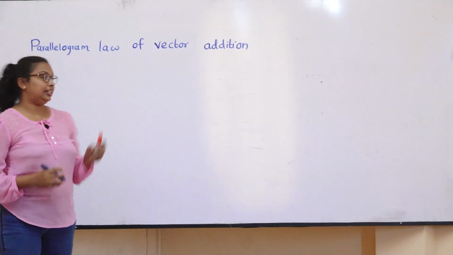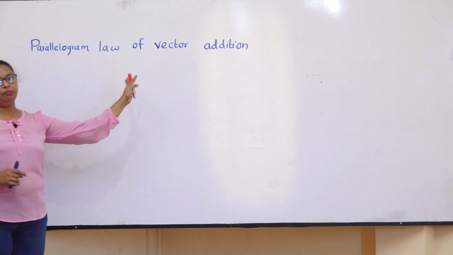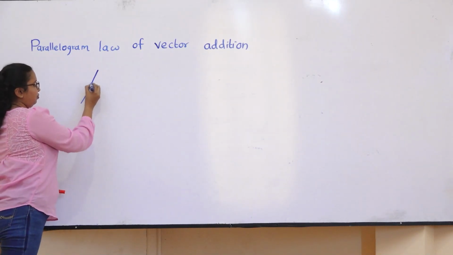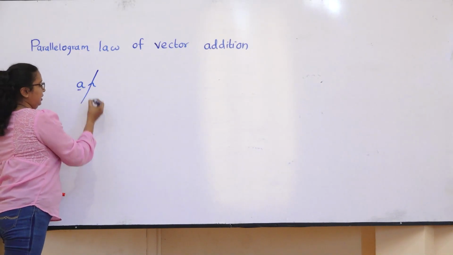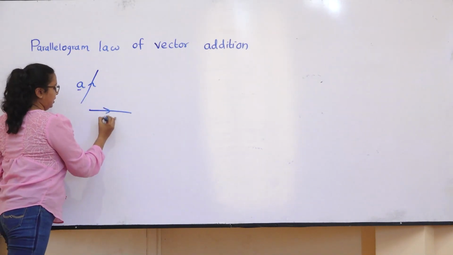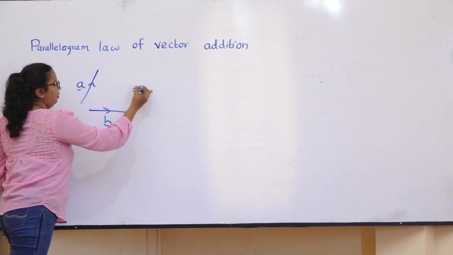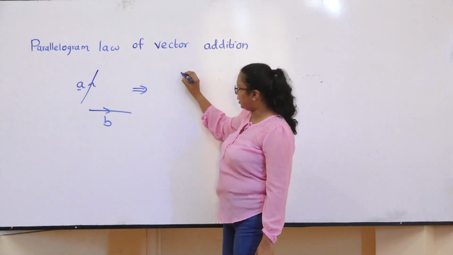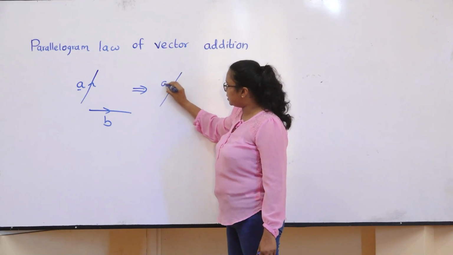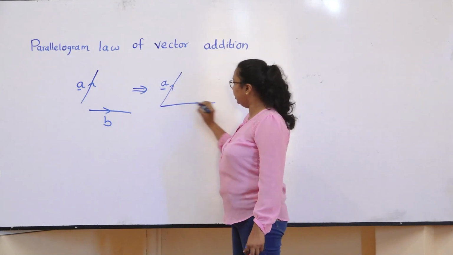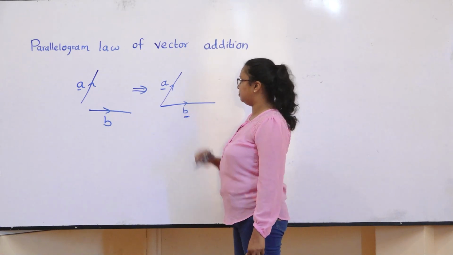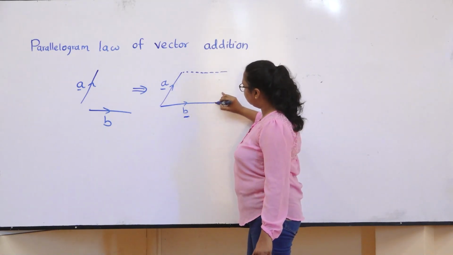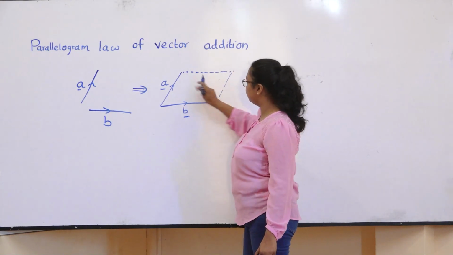Okay, so then let's talk about the parallelogram law of vector addition. If you have a vector A as before and another vector B like this, I can represent these using two sides of a parallelogram, right? That is vector A and here vector B. Now I am going to complete the parallelogram like this.